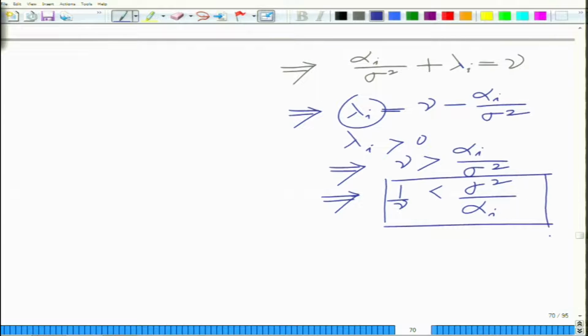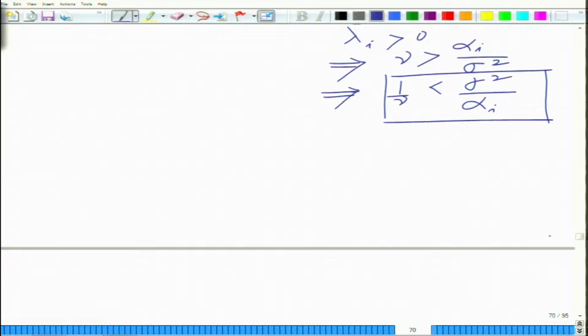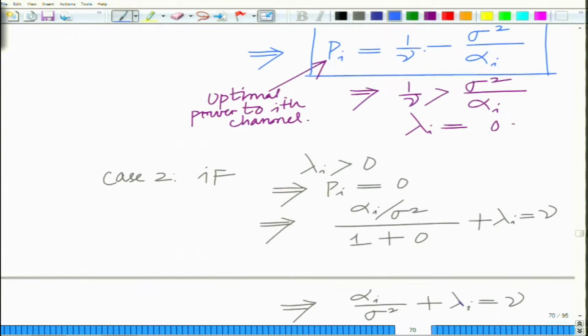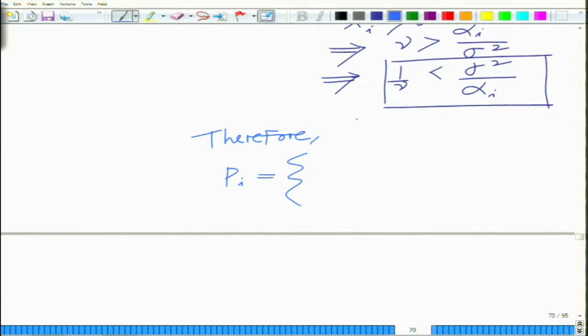Okay. So, there are two cases, 1 over nu less than or greater than sigma square by alpha I. Now if you summarize it, what is happening is, if you look at the condition above, Pi equals 1 over nu minus sigma square by alpha I if 1 over nu is greater than sigma square by alpha I, else Pi is simply 0.